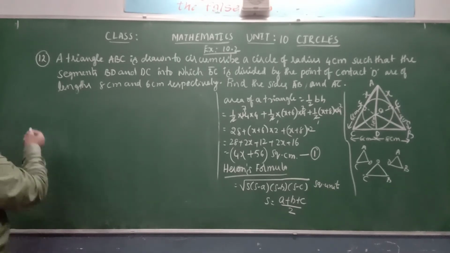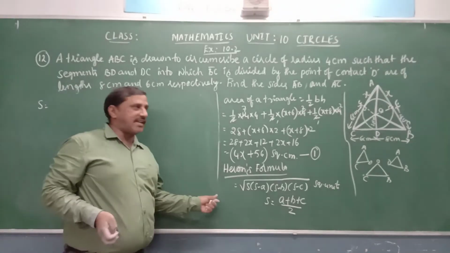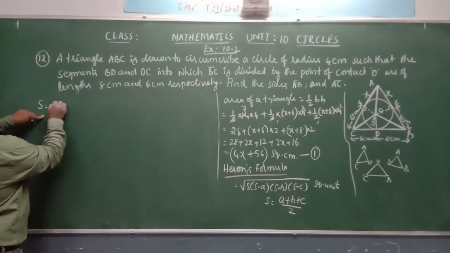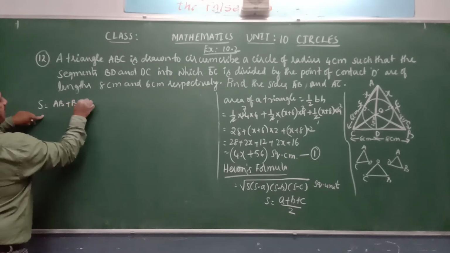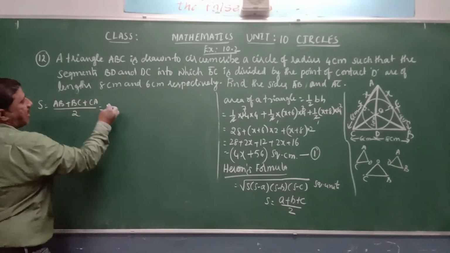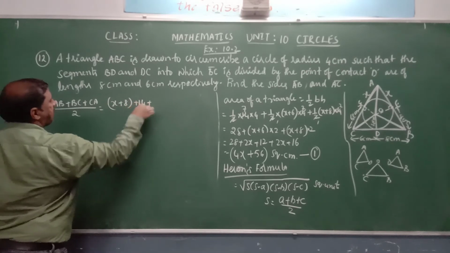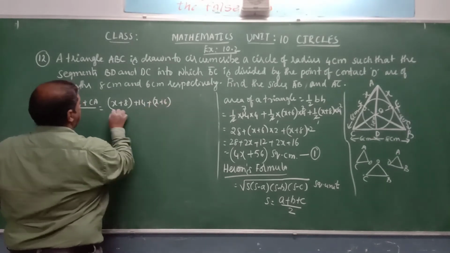Now find s. s is equal to a plus b plus c, that is the lengths of the three sides. So you can write AB plus BC plus CA by 2. AB is equal to x plus 8, BC is equal to 14, and CA is equal to x plus 6, by 2.